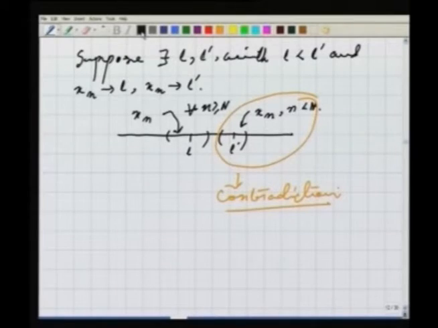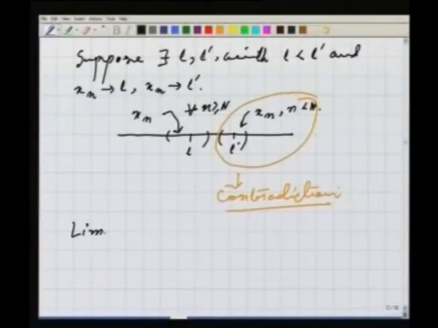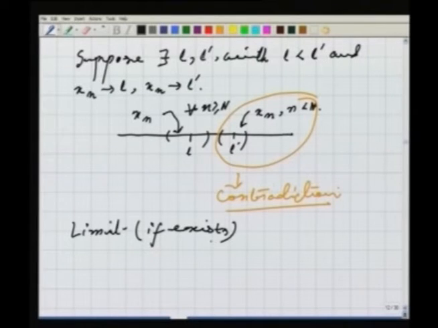That is, if a sequence xn has a limit, then the limit is unique. All this is very simple and just follows from the definition of convergence of a sequence.